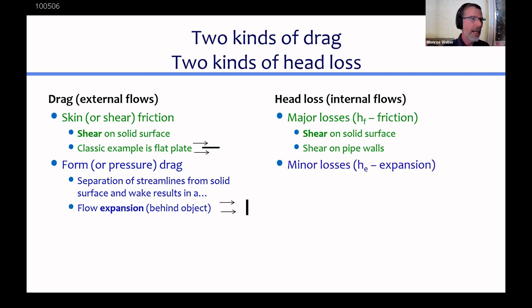Minor loss, and by the way, I think that calling them major and minor losses did none of us any good, because major losses can be minor and minor losses can be major, and those words don't actually help us understand what we're talking about.